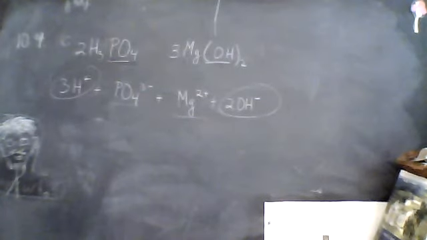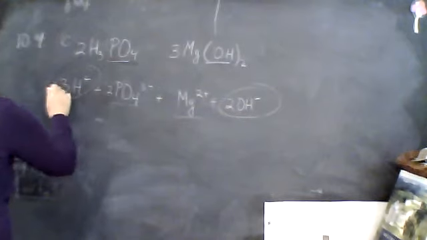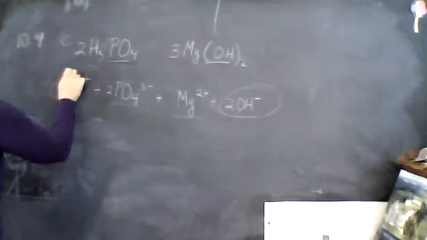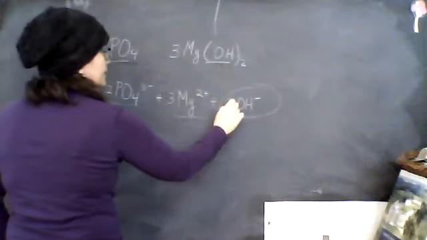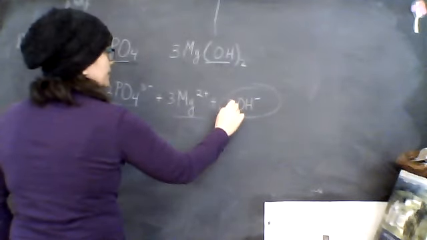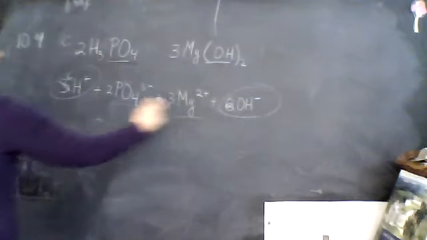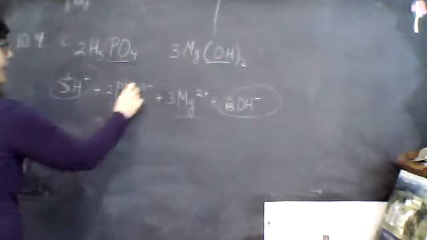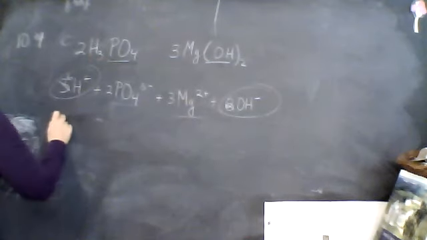Then we'd have 2 of these and we'd have 6 of these, and we'd have 3 of these and 6 of these. That would work. Okay, we're in business. So we're going to say 2.